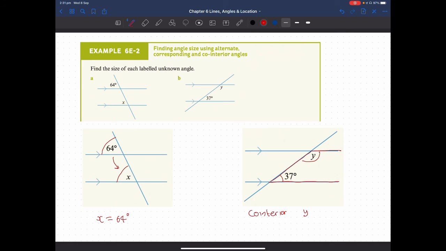So we know Y plus 37 degrees equals 180 degrees. If we take 37 from both sides, like that, we get Y equals 180 minus 37, which is 143 degrees.